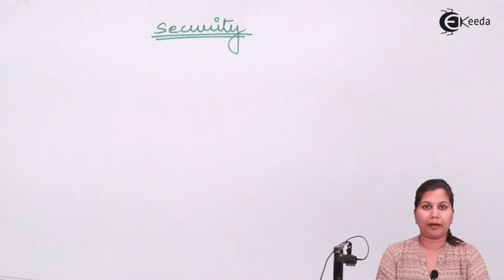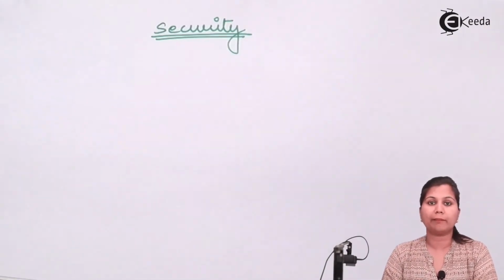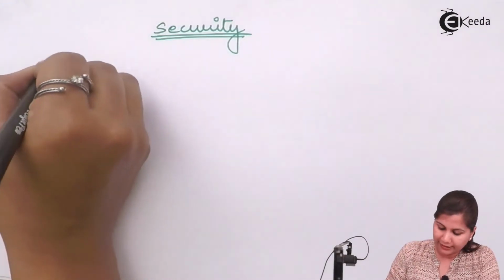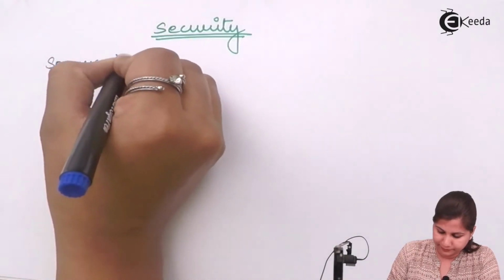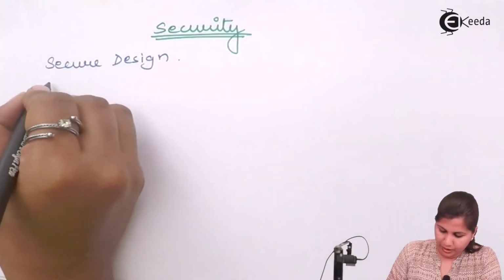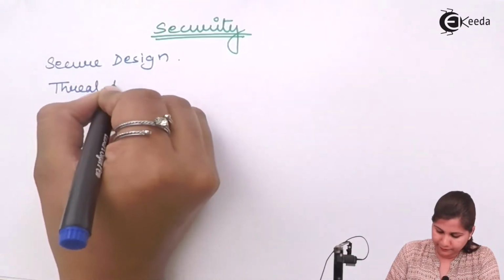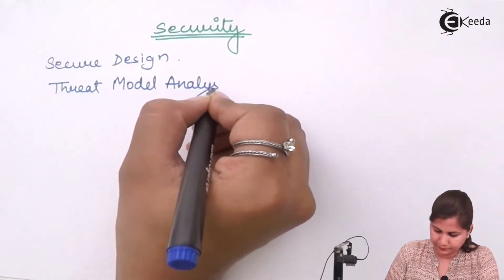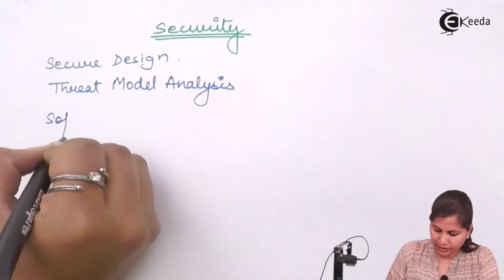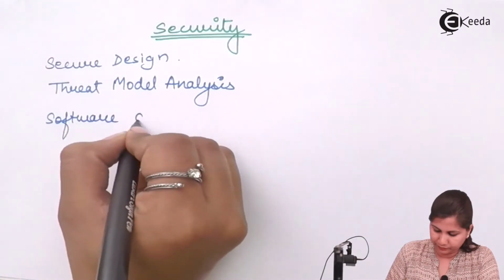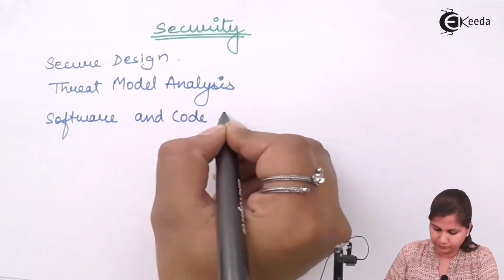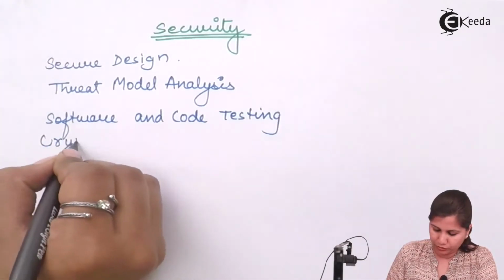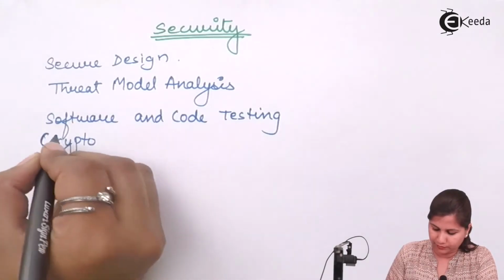So in the security part, embedded systems are provided with security measures, and these security measures are like secure design, threat model analysis, software and code testing, and crypto implementation.